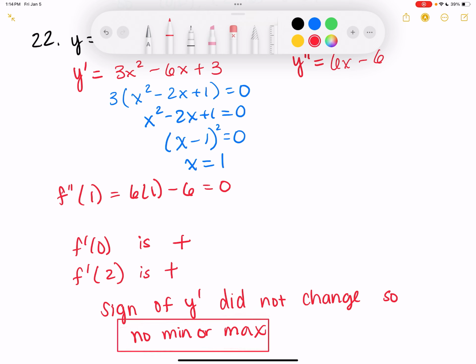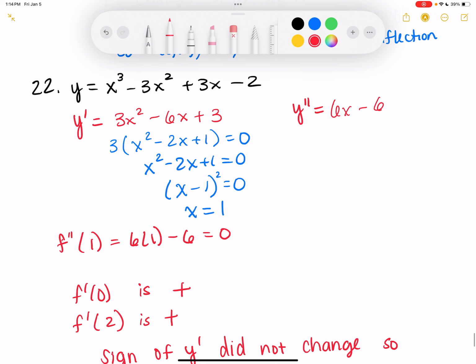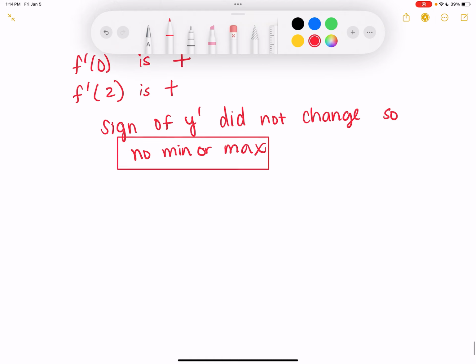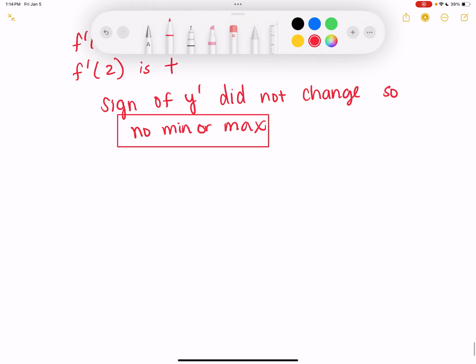If we had plugged 1 into the original, we could say the point is not a min or a max. But since there was just none, the book just writes "none" instead of explaining all of that. So anyways.